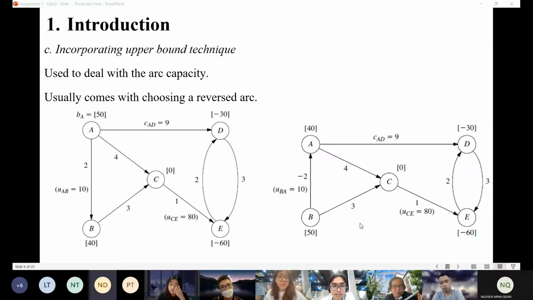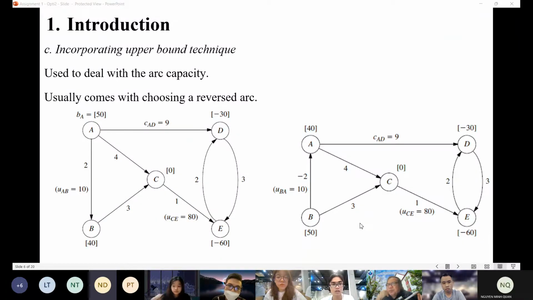In this, CAD will be the cost when you transfer one unit from A to D. What does C mean? It's the cost.